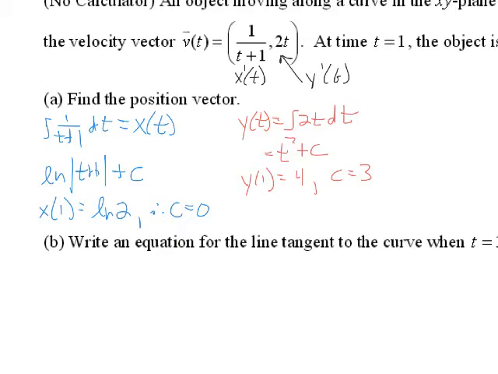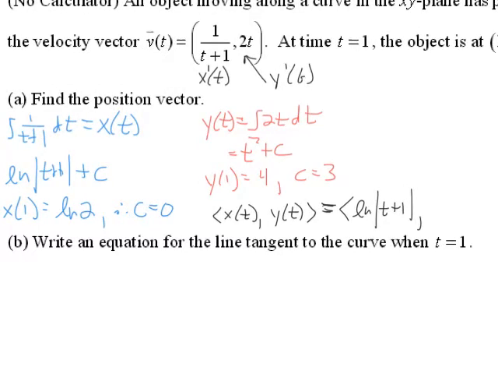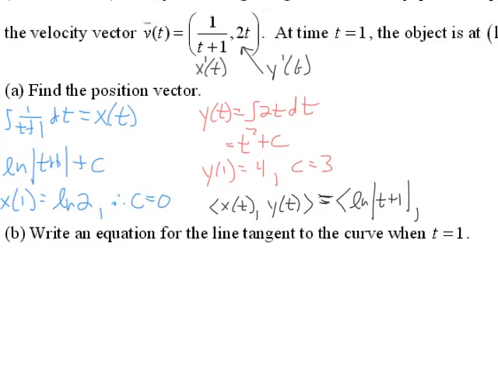So, drawing our conclusion, our position vector, x of t comma y of t, is equal to ln of the absolute value of t plus 1, comma, t squared plus 3. There we go. There's our position vector.